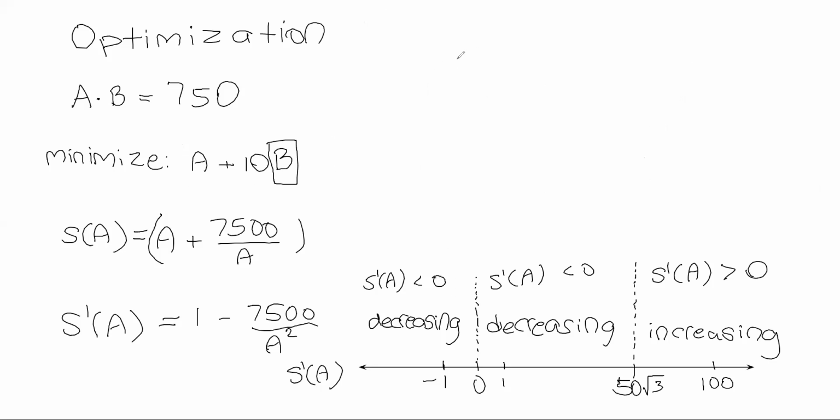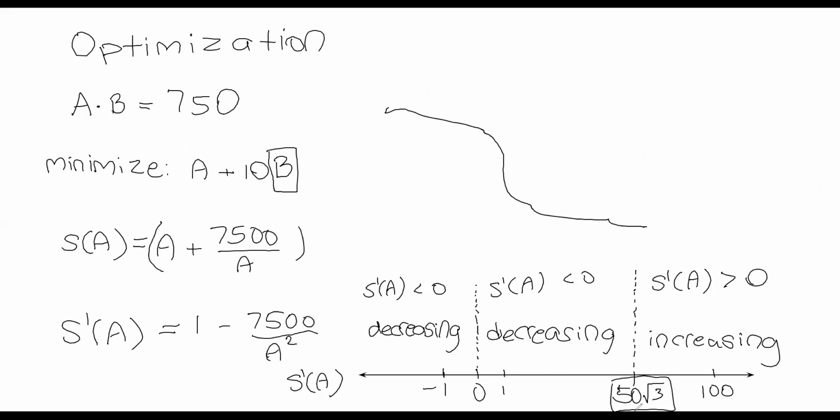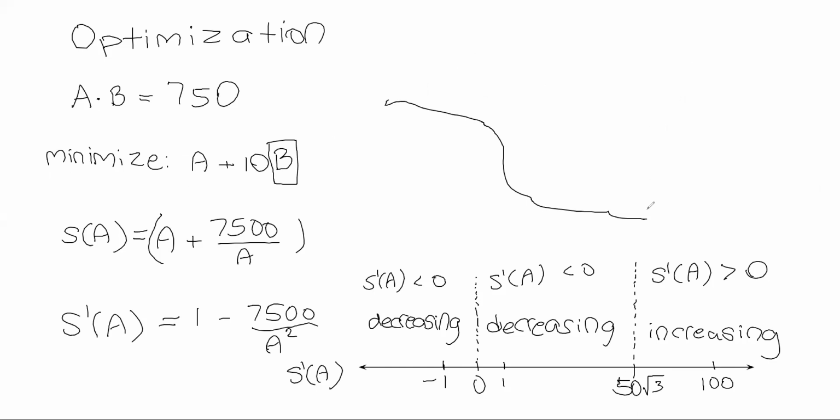If this were a graph, we know it might look something like this. We would decrease, and then this is where our derivative becomes zero, which means we're going to have a flat horizontal tangent line right there, and then we're going to become increasing again. This curve I just drew, I'm not saying it's the curve of the function, but it exhibits similar behavior.